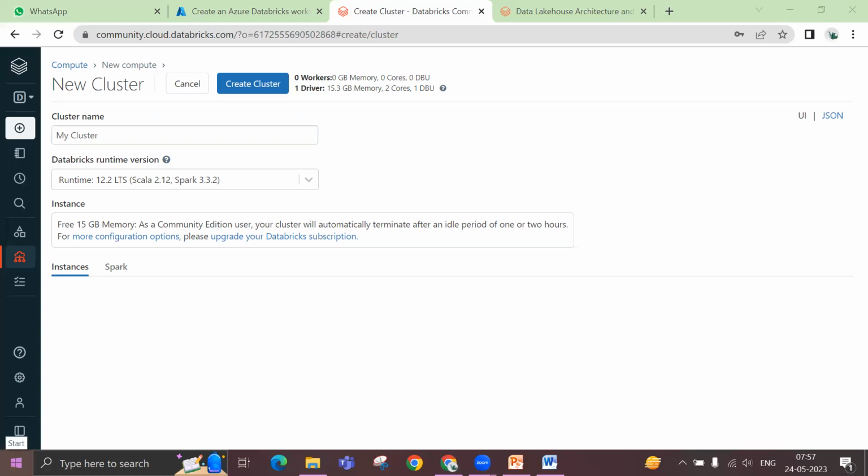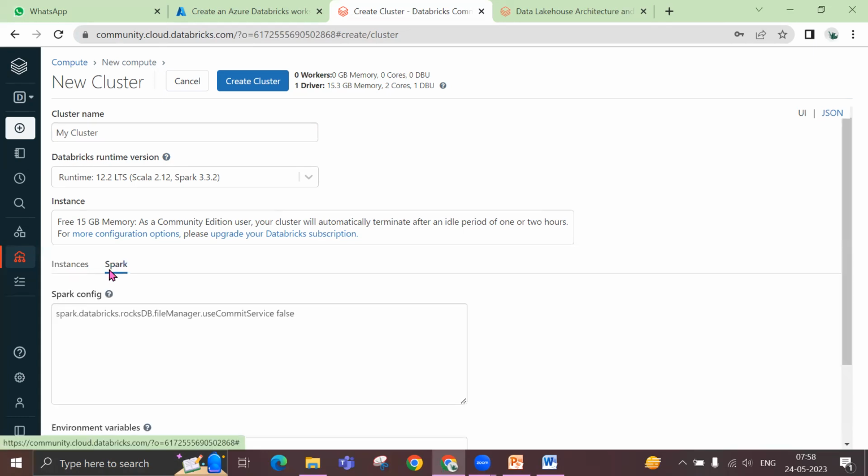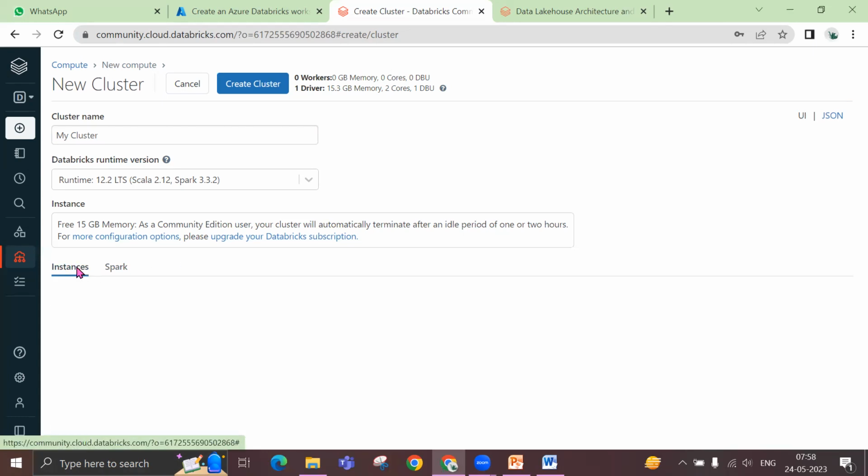Even if you want to process a large amount of data, you will not be able to get the required compute power, so we need to live with what is given to us in the community edition. For any projects, we can live with this, or if you need a higher configuration, you need to buy it on your own; that is a cost you need to bear.